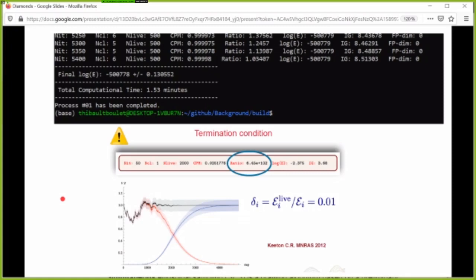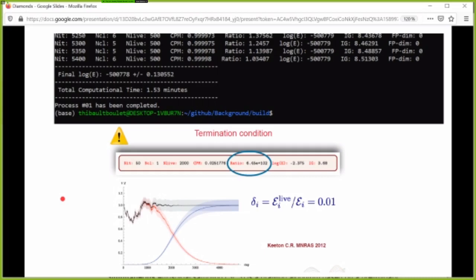The blue one is the evidence you have collected, and the red one is the one you still have to collect. When both curves cross each other, the ratio equals 1, and the code stops. And then it gives you what it found.